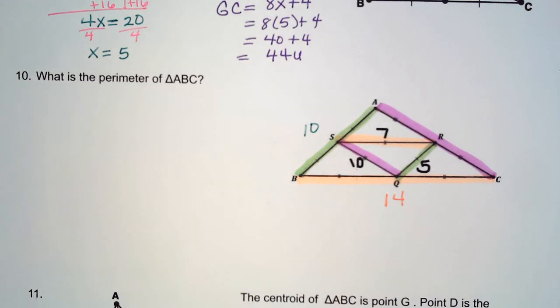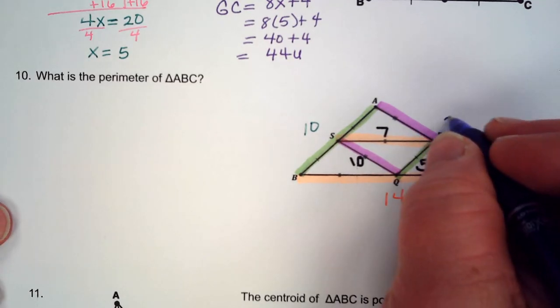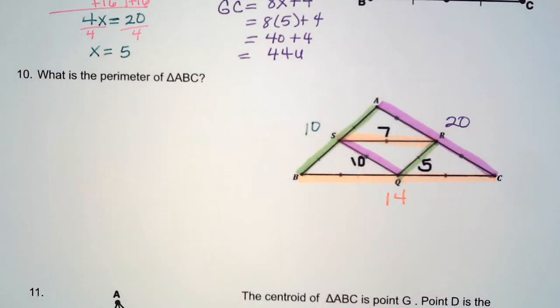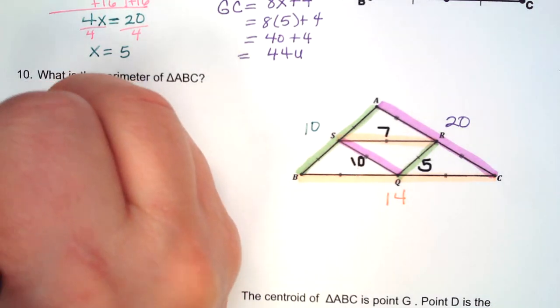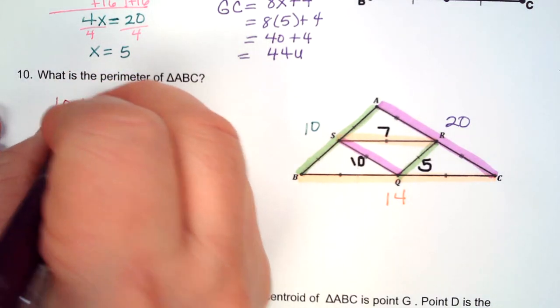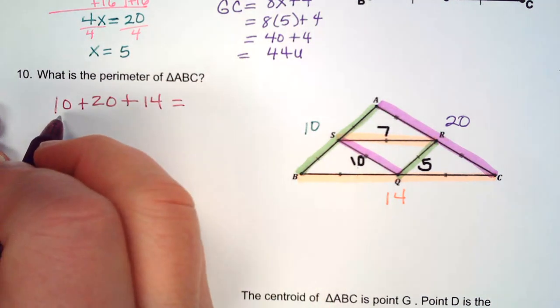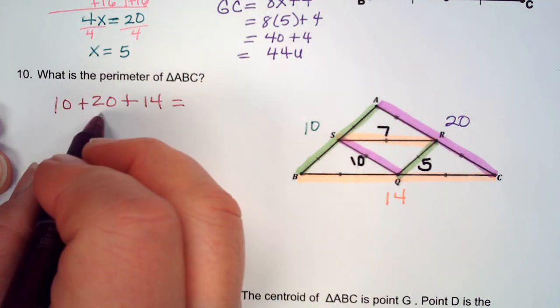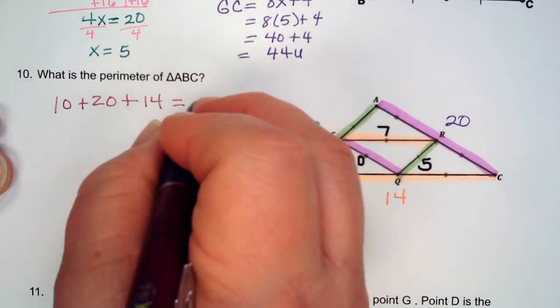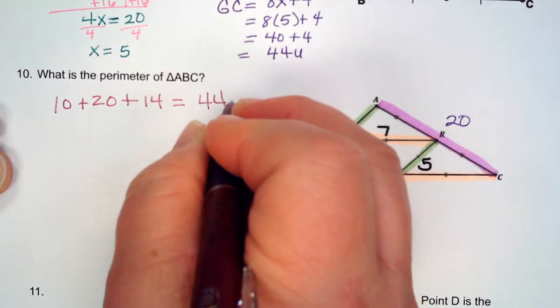It will be 20. So the perimeter will be 10 plus 20 plus 14. So 10 plus 20 is 30, 30 plus 14 is 44 units.